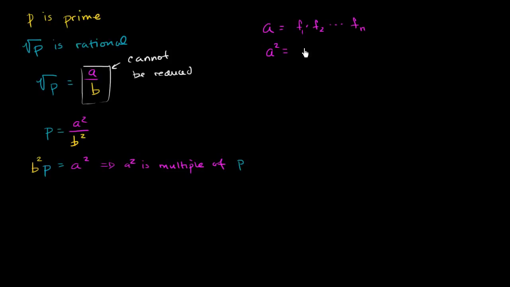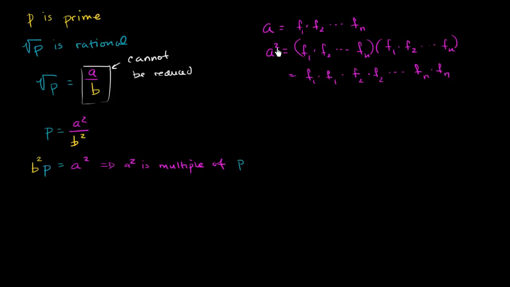Its prime factorization is going to be f1 times f2 all the way to fn, and then that times f1 times f2 all the way to fn, or I could rearrange them if I want: f1 times f1 times f2 times f2 all the way to fn times fn.